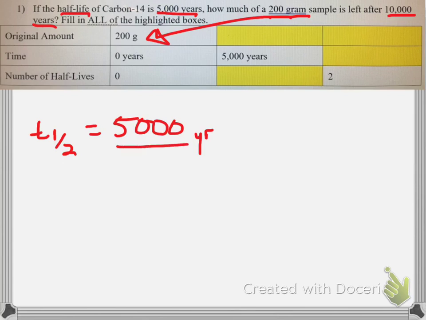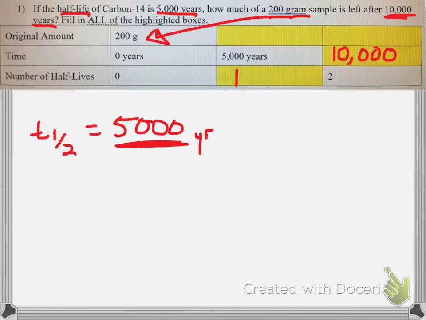So 10,000 years is the time we want to end up in. To go from 5,000 to 10,000, we're going to need 2 half-lives. After 1 half-life, 5,000 years has passed. After 2 half-lives, another 5,000 years have passed, so that would be 10,000 years.